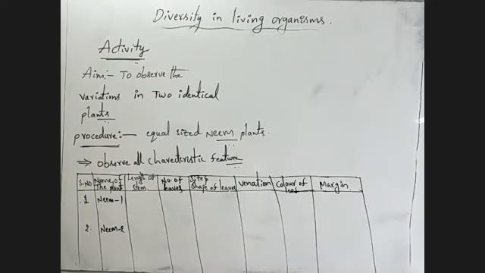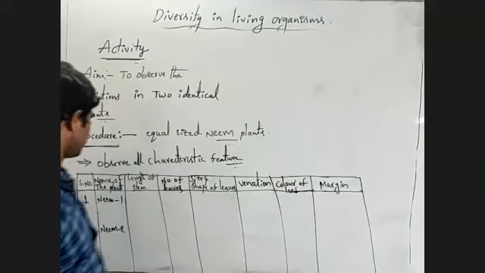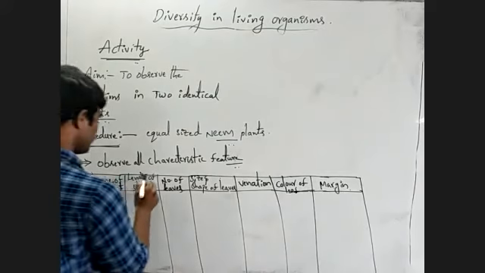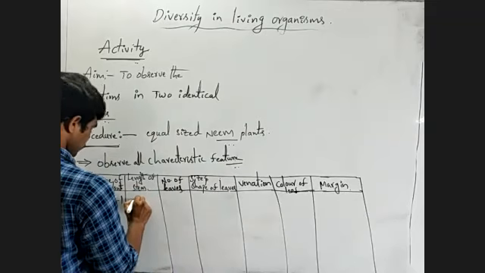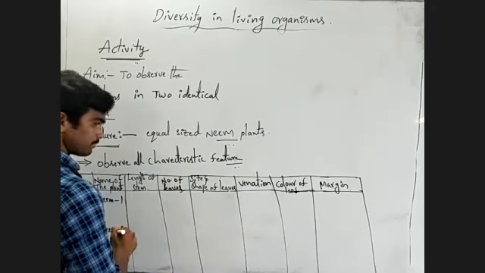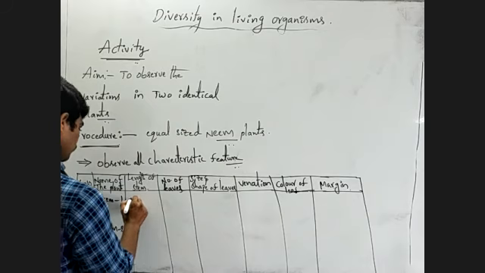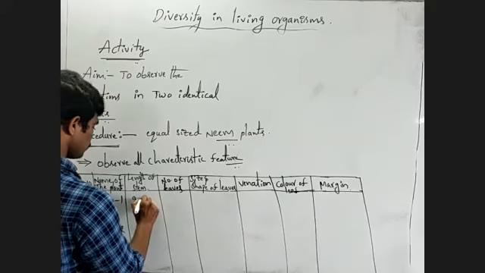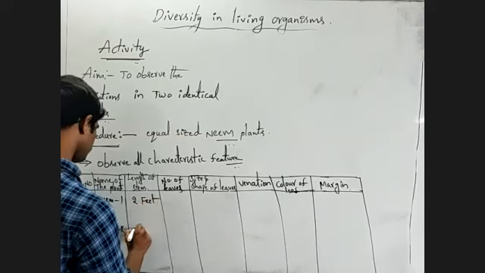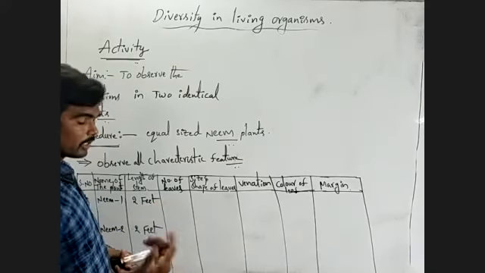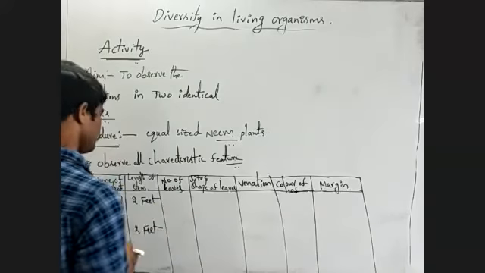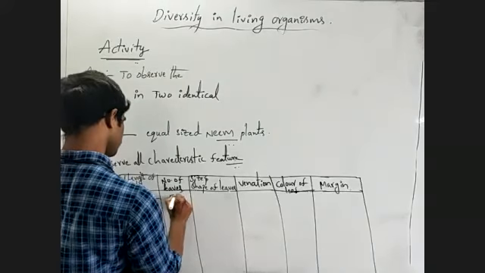You have to fill in all the characters in this table after observing the two neem plants. First neem plant, length of the stem, equal sized ones. For example, 2 feet. Here also 2 feet. Number of leaves we can determine. We can say, for example, 50.